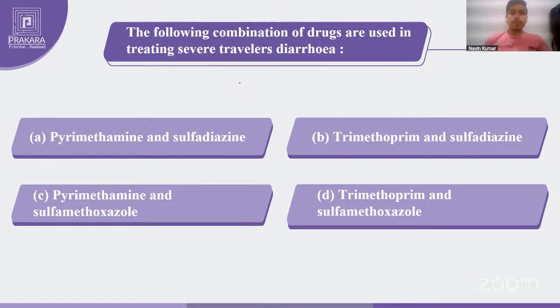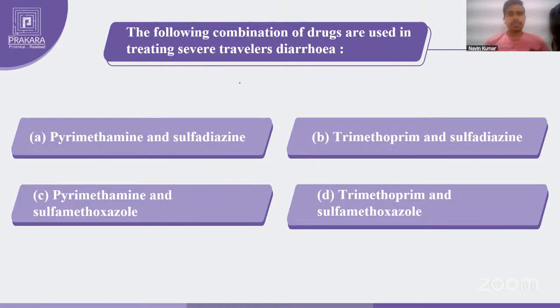The question was asking about the right combination for severe cases of traveler's diarrhea. It's a very funny disease, you can say, but it can turn into a very severe case.